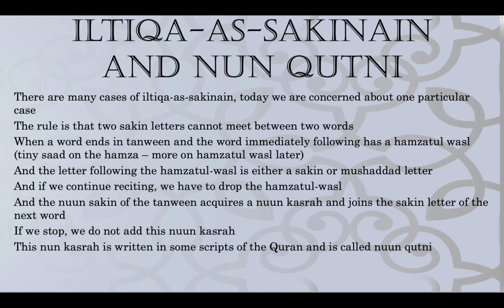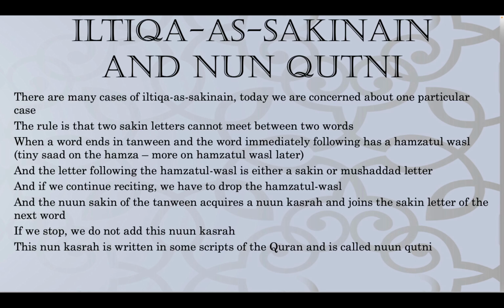But this is quite a mouthful, so I will try to summarize it as best I can. The rule of Iltiqa-as-Sakinain that we're concerned about is one particular case, and the rule is that when two words are joined together, two sakin letters cannot meet between two words.